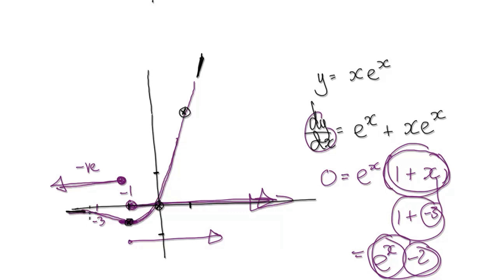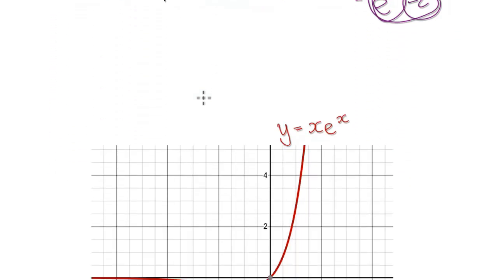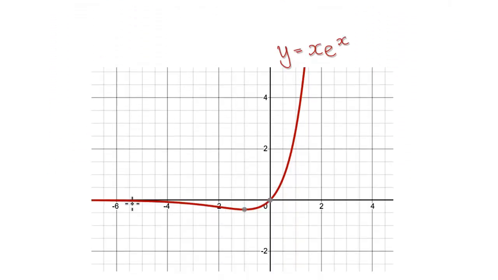So your graph will look something like this. Okay, so if you get a graph plotter and plot this, imagine this is you walking along here.